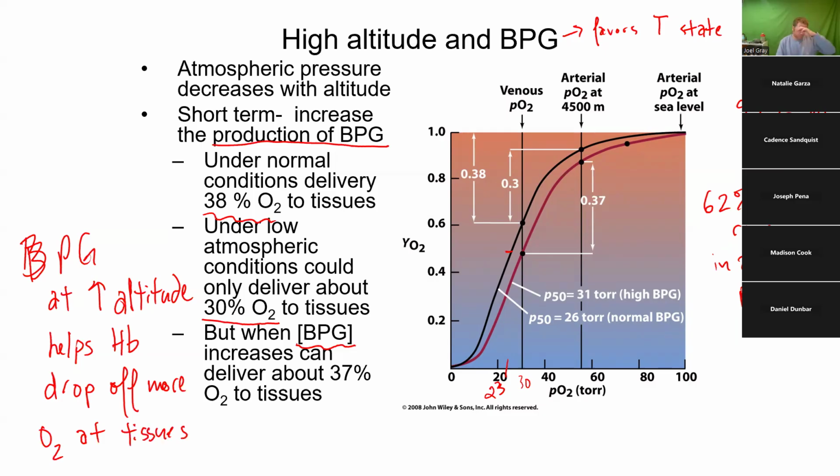That's the takeaway from this. That's what BPG does. Sure, it binds less O2, but it drops off more, at higher altitudes. Yeah, my arrow pointing upward was elevated. Let me change that. BPG at elevated altitude.